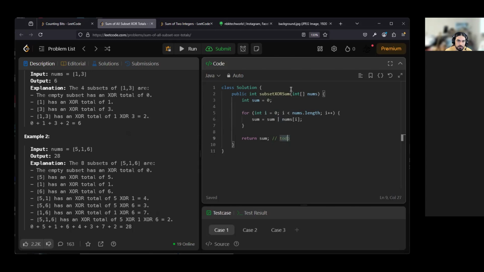So here in the sum, let me write down the case again for the simple one, 1 and 3, right? 1, 3, and the XOR total is 6, 4 plus 2.